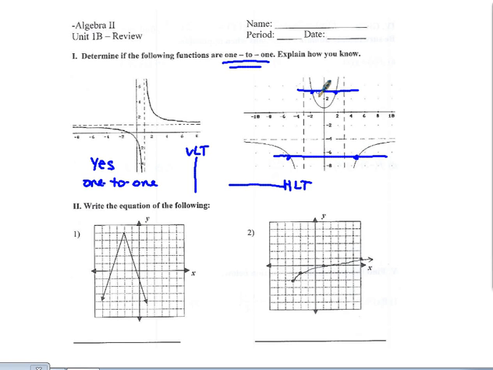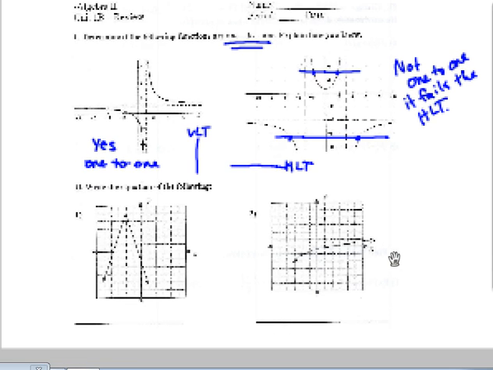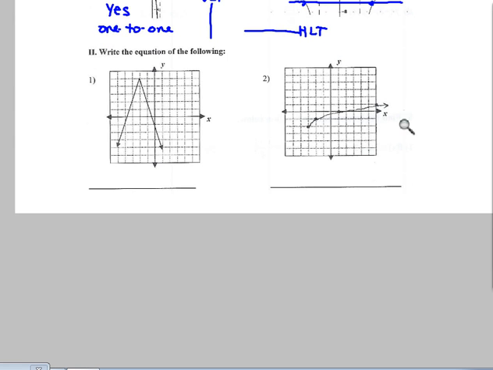So it fails the horizontal line test. So this is not one-to-one because it fails the horizontal line test. So the horizontal line test tells me that the inverse of this function would not be a function.